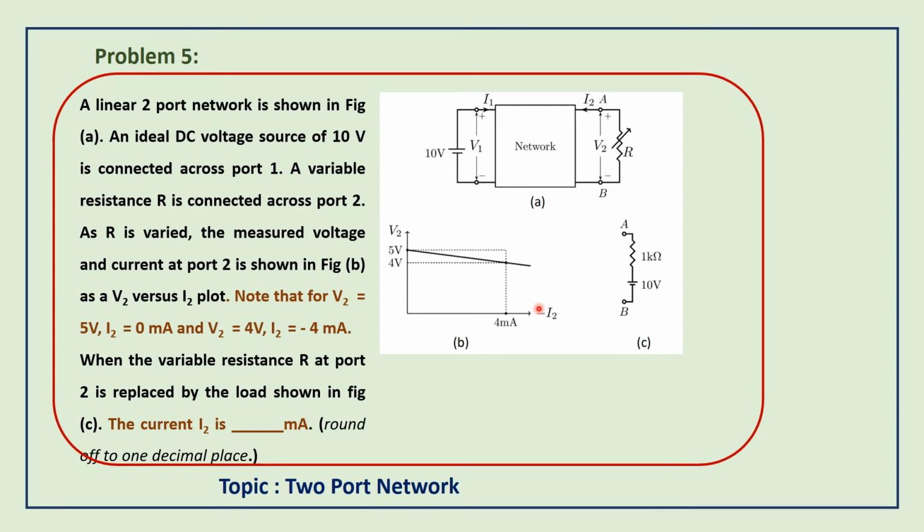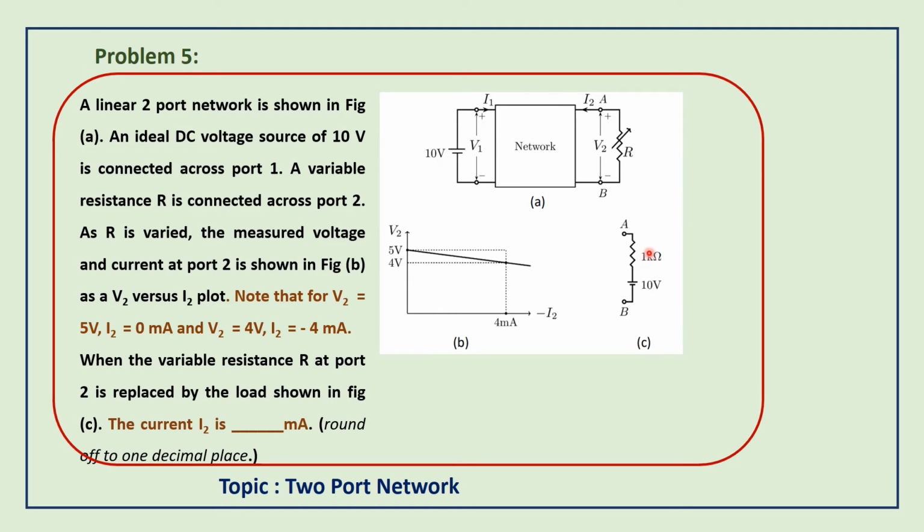I2 is given in the negative axis. At 5 volt, I2 equal to 0. At 4 volt, I2 equal to minus 4 milliamps. So this is the graphical plot representation. What we need to find out is the value of I2 when this variable resistance is replaced by the load condition given in figure C.